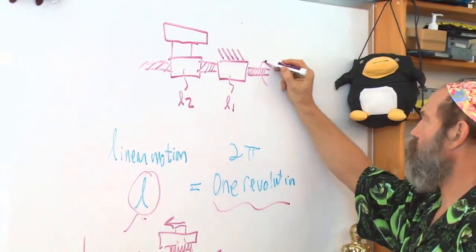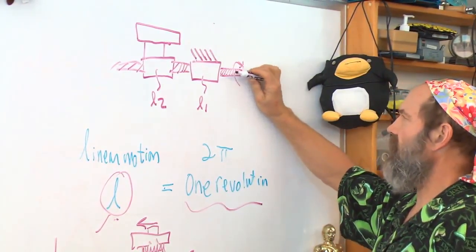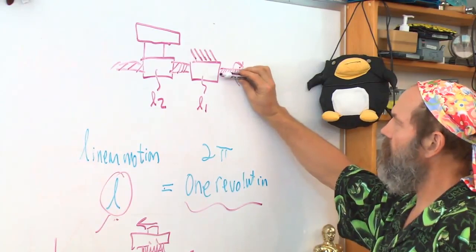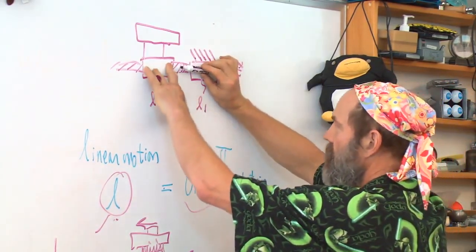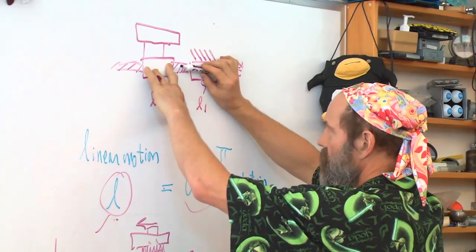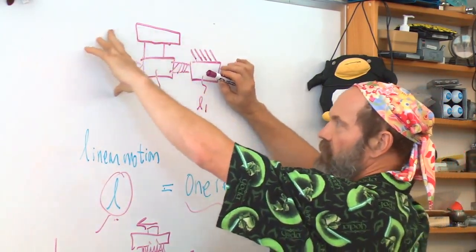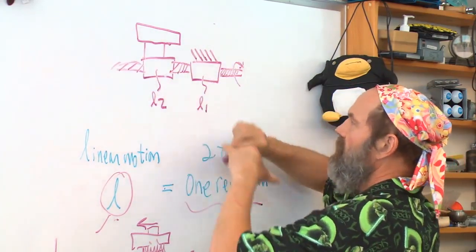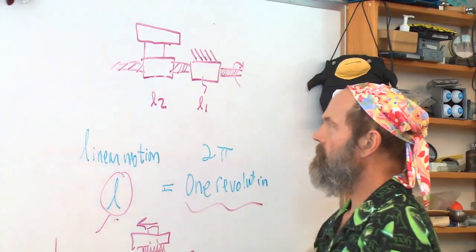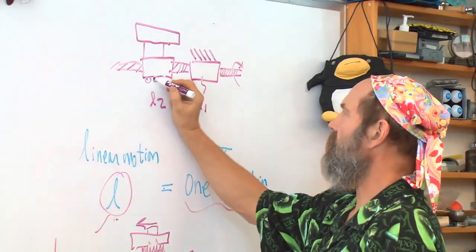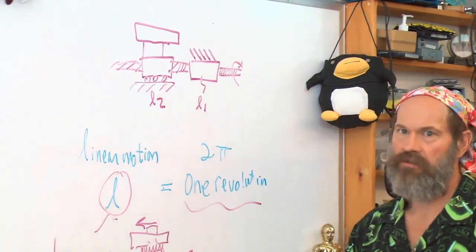And as I rotate the screw, it is going to advance forward here. And if this nut was free to turn, nothing would happen. It would just drive along forward. But if this nut is not free to turn, because it's anchored on a linear bearing here, what happens?